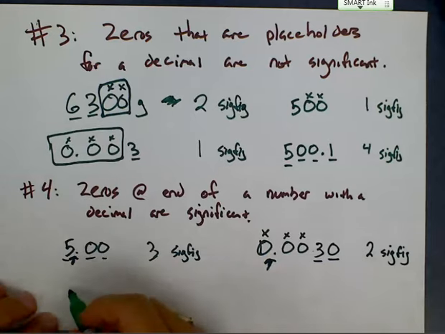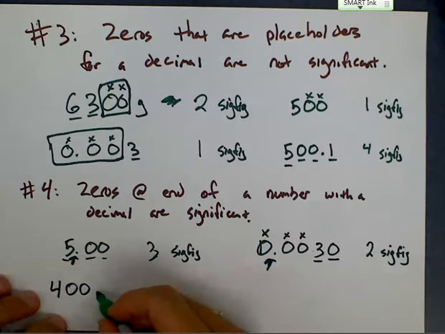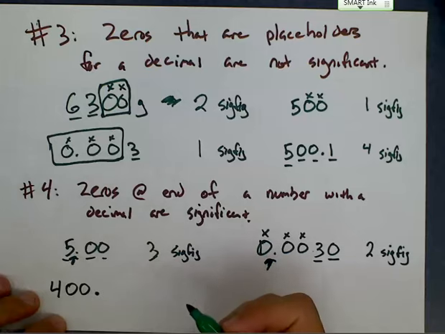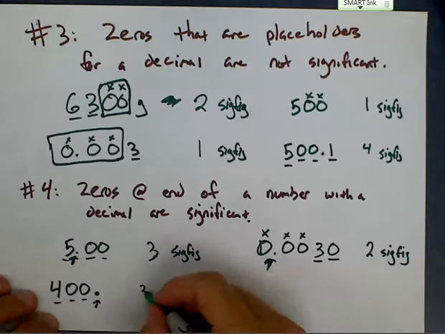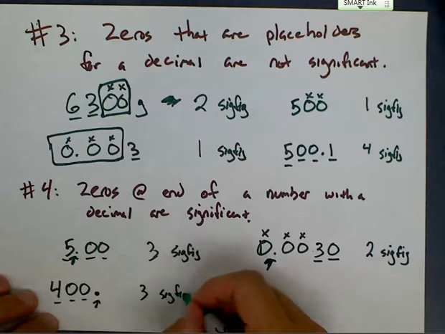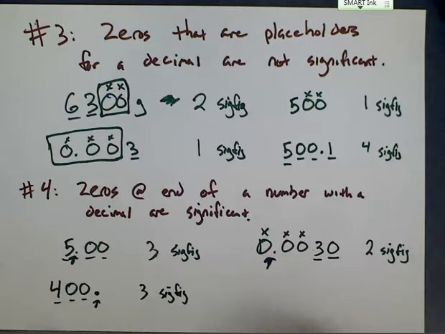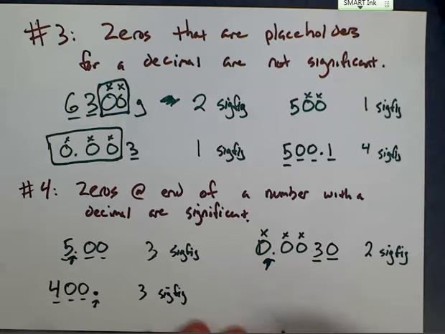If I look at the number 400 with a decimal, the decimal's here, which means any 0 at the end does count, and 4, because it's not a 0, also counts. This would also have 3 significant figures. Okay? This is one of the trickiest rules, but with a little bit of practice, you'll be sure to get it.